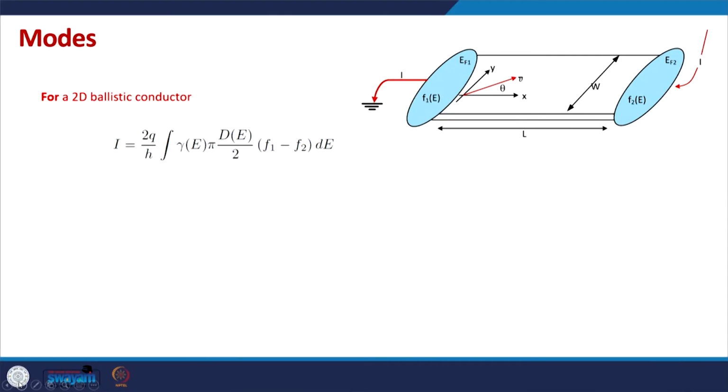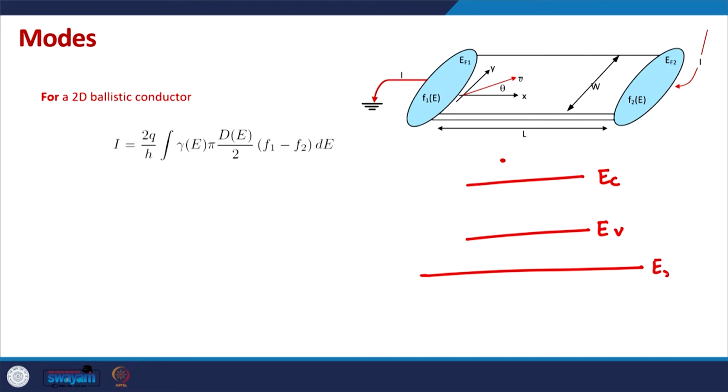So, now with this we can see one thing that needs to be kept in mind: generally when we deal with electrons, we have the valence band, we have the conduction band, and if the electron is sitting somewhere here, and if this is the reference energy level, let us say the E reference is somewhere below the valence band, which is generally taken to be the 0 energy, then the total energy of the electron sitting at this energy level will be E, and this fraction of this energy will be the kinetic energy.